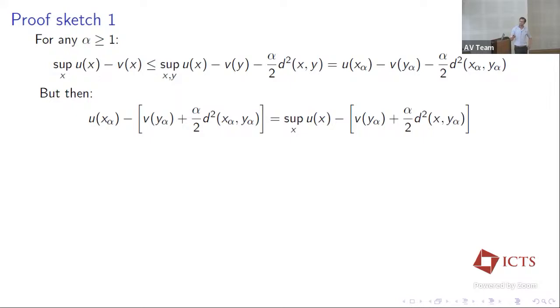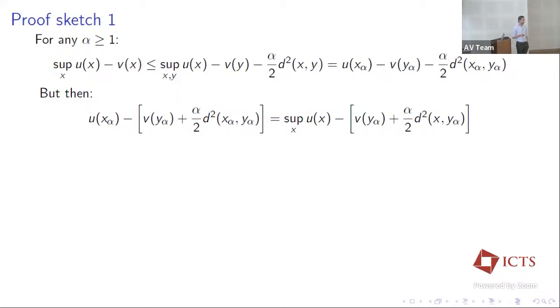So what do I get then? This is the same thing as before. So u of x alpha minus v of y alpha minus alpha over 2 d squared. This is actually also the same as taking the supremum over the same thing here. But now only x is free, y is fixed at y alpha.